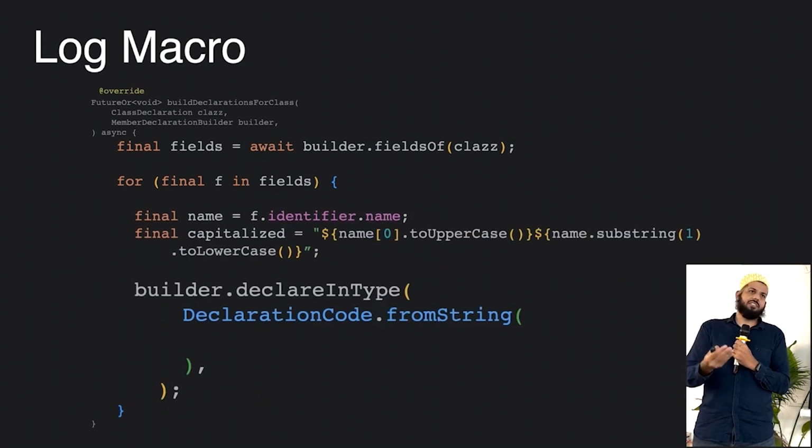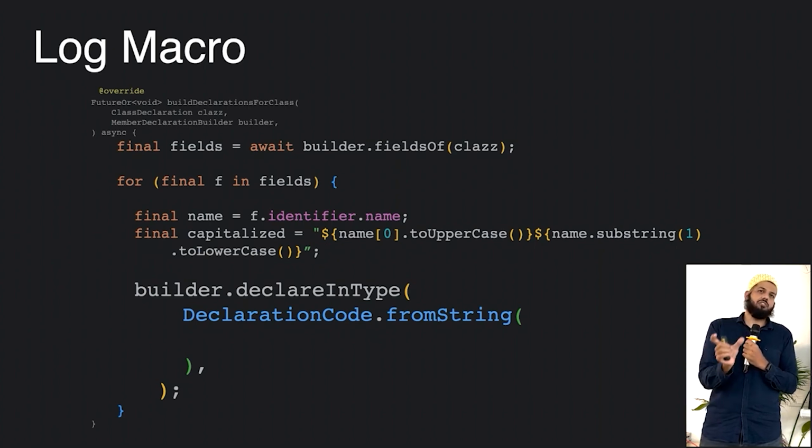And then there is a builder class where I have to declare कि मुझे क्या कोड लिखना है, मतलब इस क्लास के अंदर क्या कोड होना चाहिए. And this is where declaration from string comes into the picture. आप directly string के format में कोड लिख सकते हो, या फिर you can use a different class to basically loop through and condition and add it. But for simplicity's sake, I'm just using a string here.